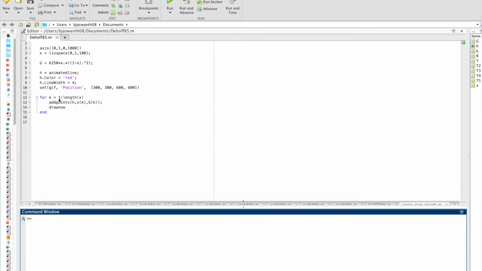I use a for loop to access all 100 points. I use linspace, so it's equal spacing from 0 to 1. It starts from 0 and ends at 1 for the x value, with 100 values in between, and I go in a loop from 1 to the final value of x. Then I add my points, give my animated line the x and y points, and draw them on the window.